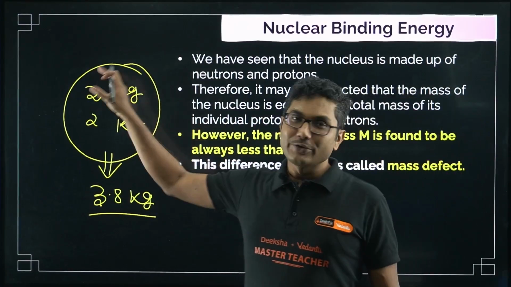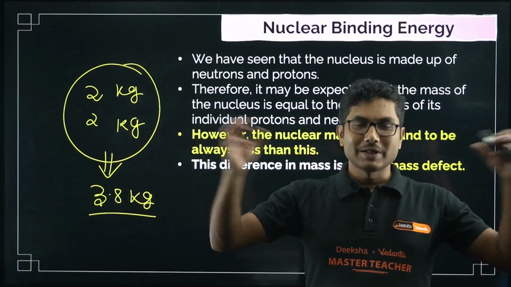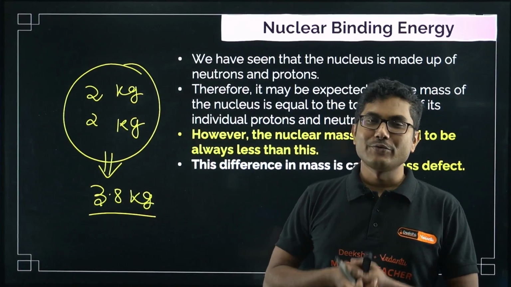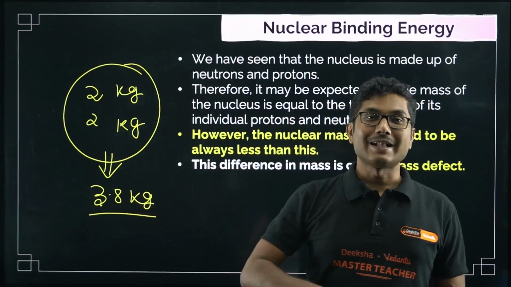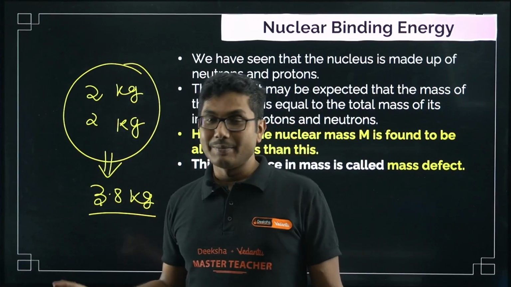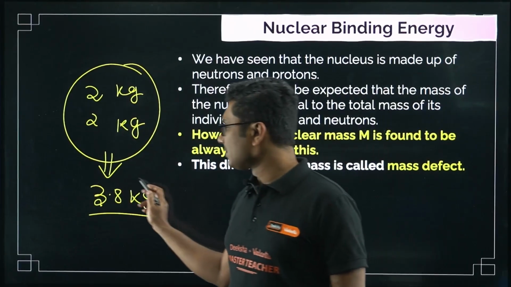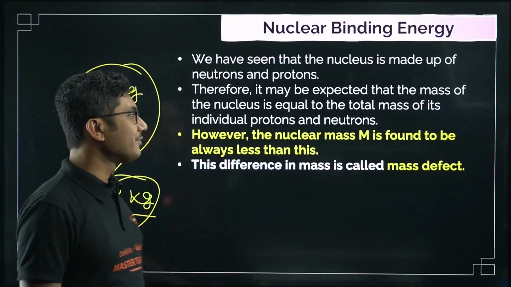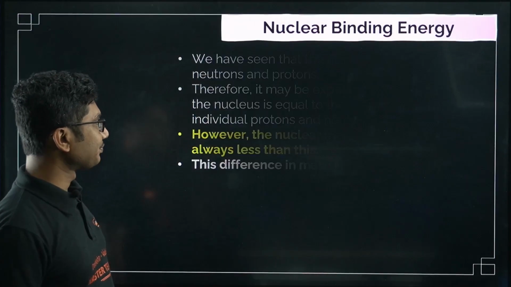Suppose you took 2 kg of protons and 2 kg of neutrons, and pack them in a nucleus. If you try to measure the mass, that mass will be less than whatever elements are there inside, which is very, very weird, right? So this 200 grams of missing mass actually gives rise to the nuclear energy or nuclear binding energy.